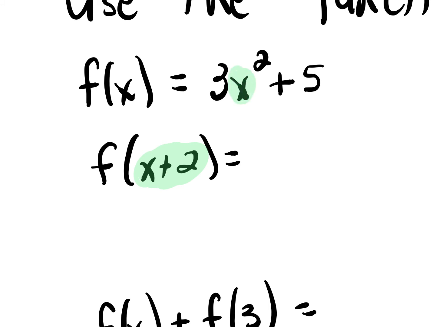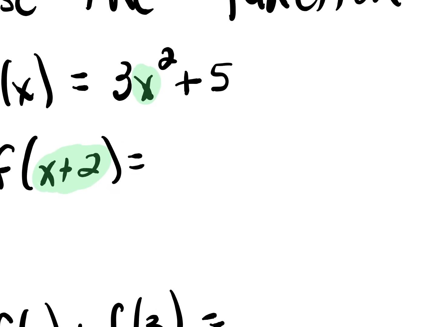So you would rewrite this at first, and you would say, okay, I have my 3. Instead of x, we're putting in x plus 2. And remember, that's squared and then plus 5. So do you guys see? All we did was substitute in x plus 2 where our x was. Everybody got that?